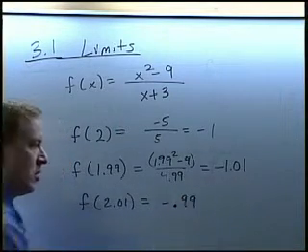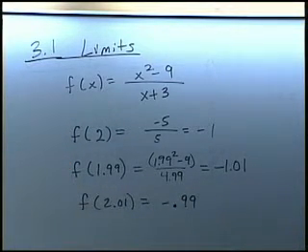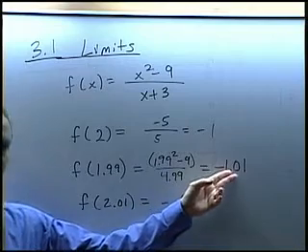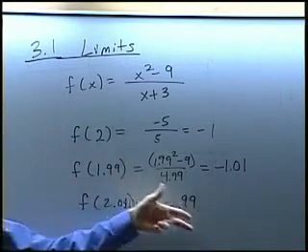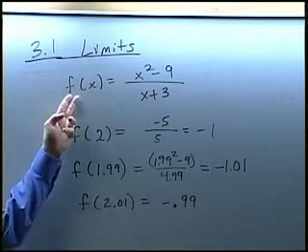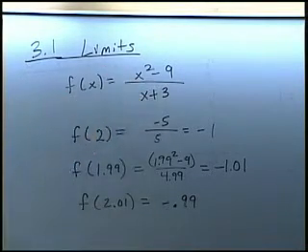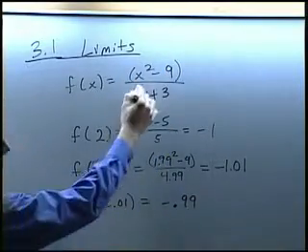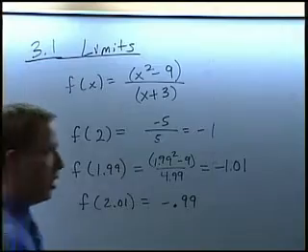I wanted this first example to work out pretty nicely here, so I picked one where if I just move a little bit to the left of 2, it just moves the answer a little bit, and if I move a little bit to the right of 2, it just moves the answer a little bit the other direction. Now, the next thing you can do is graph this function on your calculator, and again, use parentheses around both the numerator and denominator.